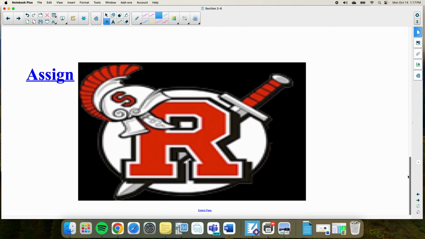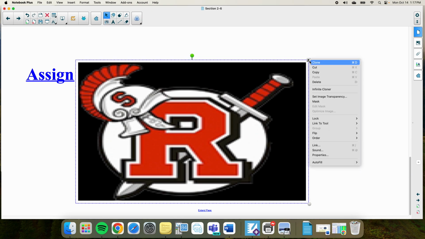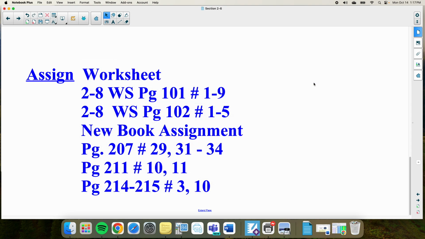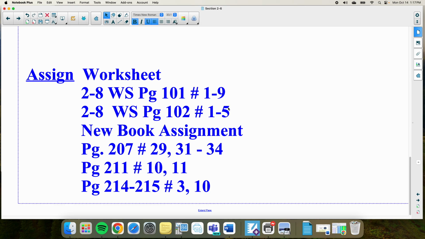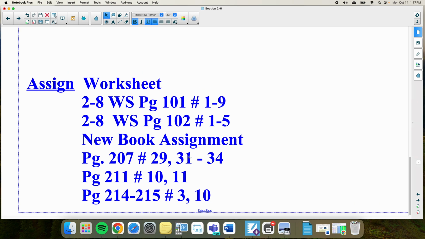Now, this is going to look overwhelming when you look at this. Okay, so this is all in Schoology, and I'll open it up and show you guys. These two are on a worksheet that's posted there. These are in the book, and I think what you'll find is these are going to be harder.